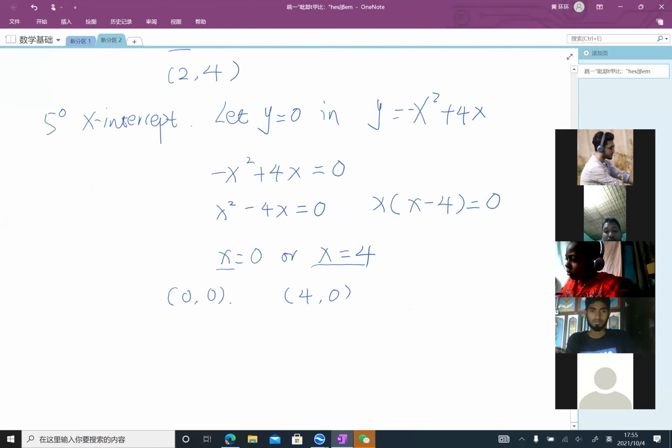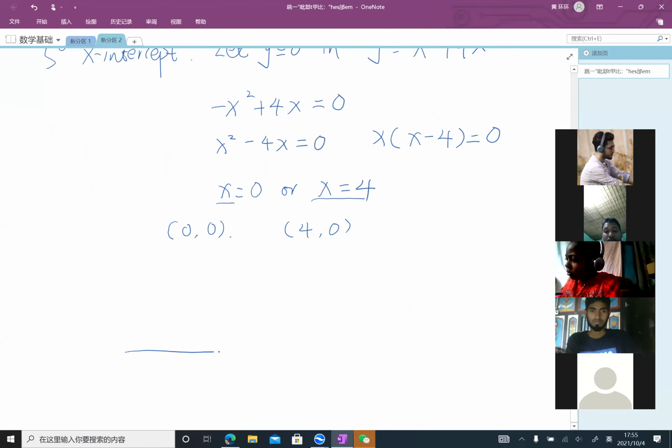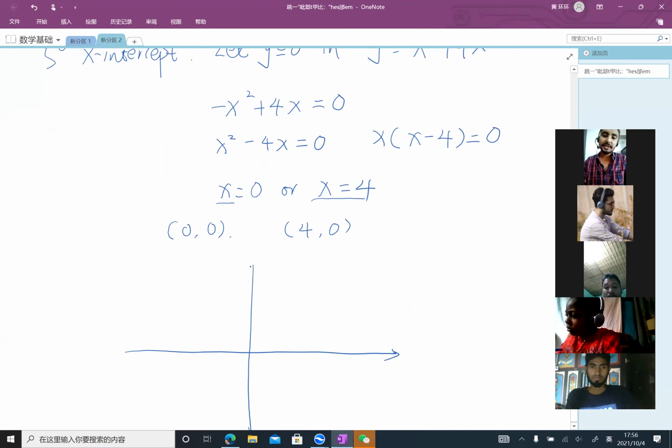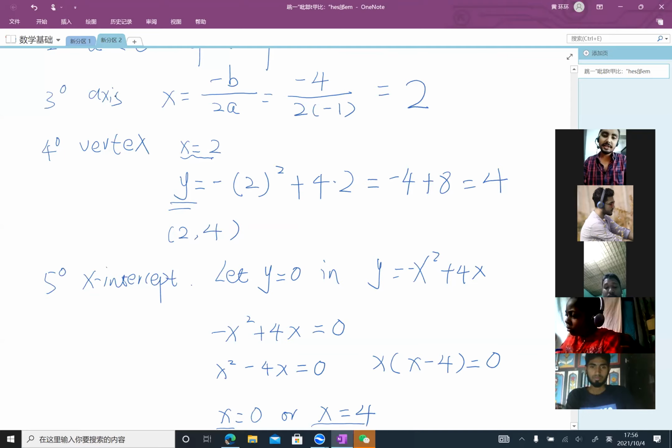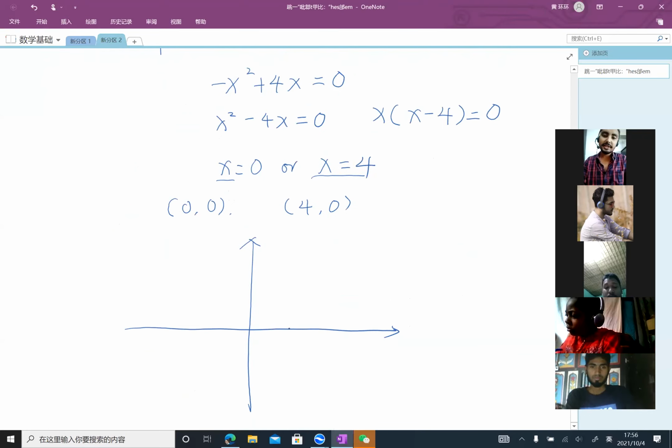And then finally we need to graph this parabola. First, the axis is x equal to 2. This is 1 and this is 2. This is the x axis, this is the y axis, and this is 2, and so the axis is this.